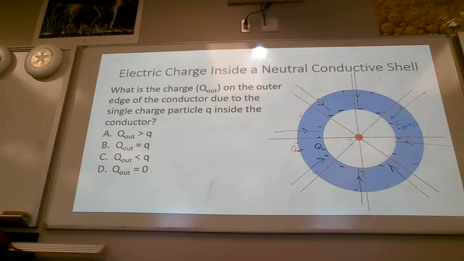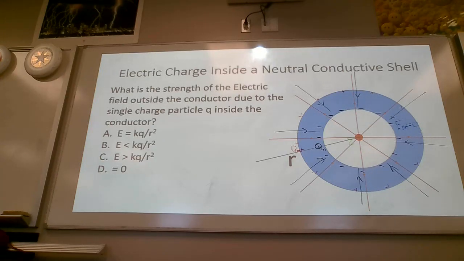Therefore, that has to equal that. Good with that? Tell your neighbor.